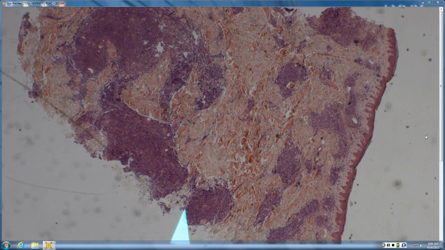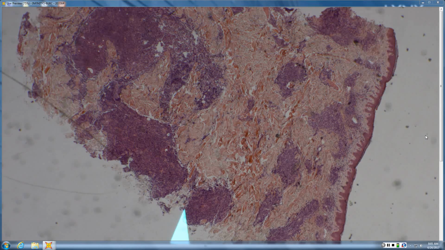CD10 is for follicle center. Normal follicle center has CD10. It's the first thing lost as they start going bad, right? So a really well-differentiated follicular pattern follicle center lymphoma may still have CD10. By the time it becomes diffuse, it's usually lost.